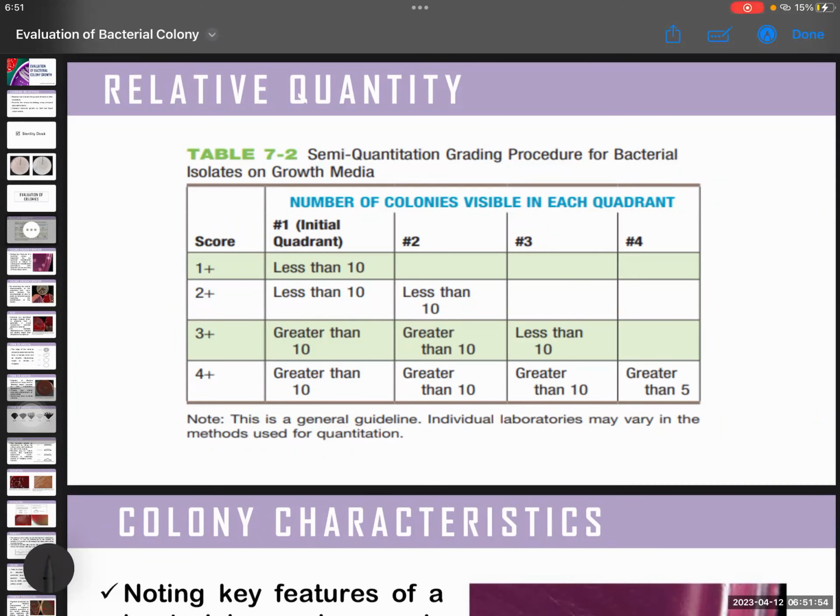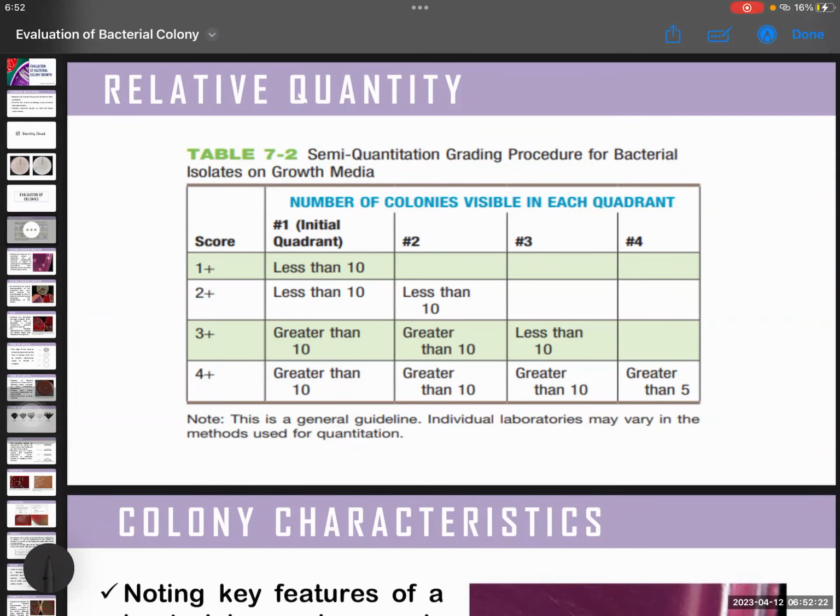So that is for the actual quantity, but we can also use the relative quantity method. So this you can use for the four quadrants trick, wherein you're going to be getting the approximate number of colonies per quadrant. And then you're going to be giving a score. So if there's less than 10 for the quadrant, tapos wala on the other one, that's 1 plus, and so on and so forth.